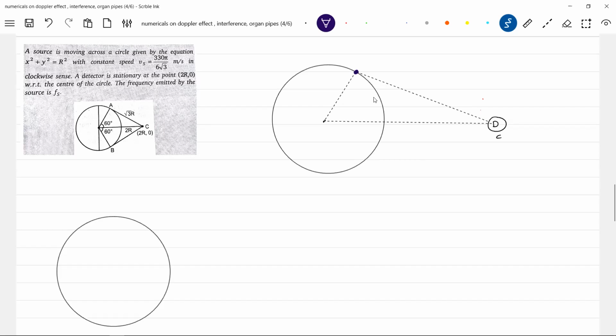When the source is here, the velocity of the source should be tangential, and the detector is at rest. It will generate a wave, and by the time it arrives here, it will become f dash.